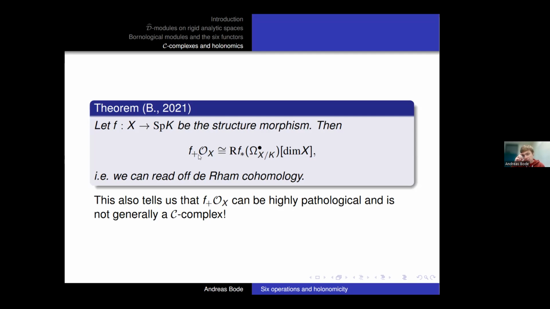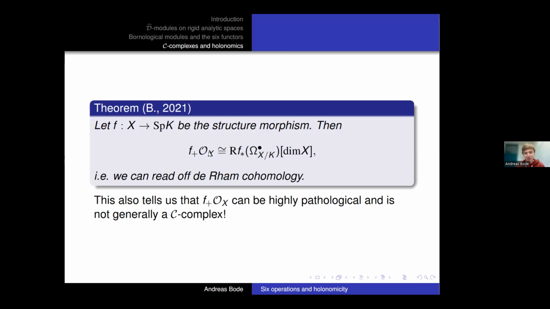In the complex algebraic situation, you know that whatever it is, it has to be a holonomic D-module on a point, which is a convoluted way of saying it has finite dimensional cohomology in each degree. Okay? Finite over a point. And this is no longer true here.